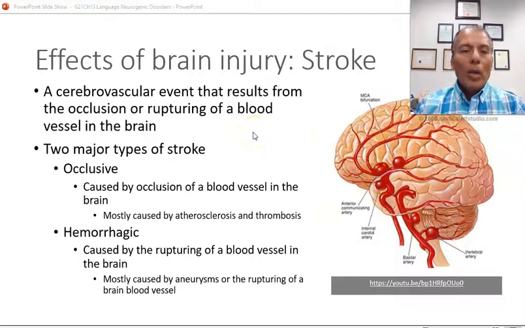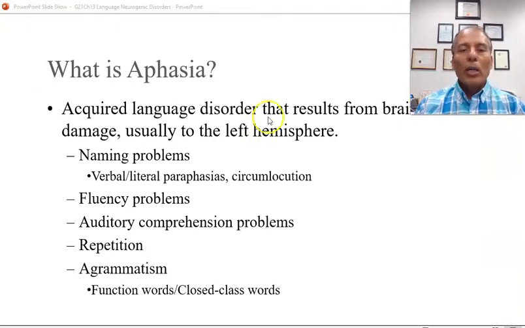Now, we are going to speak about stroke and about aphasia throughout the rest of this lecture.